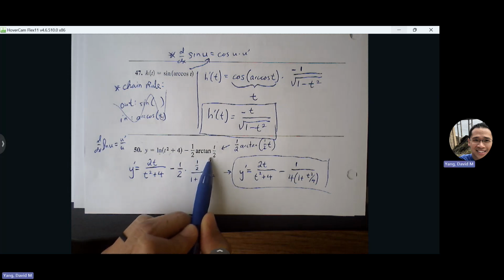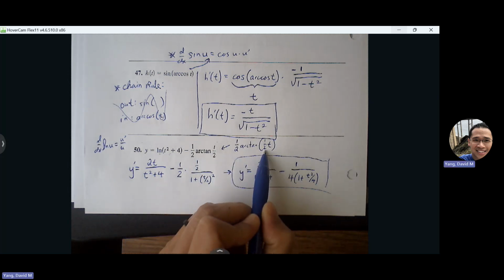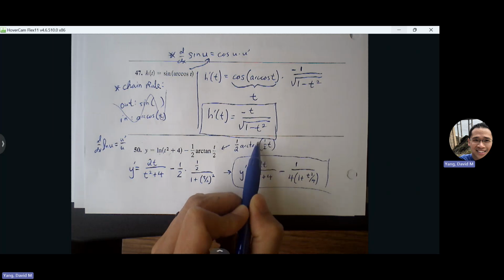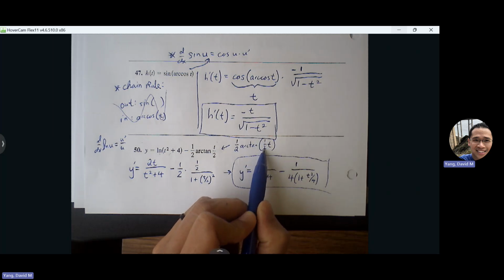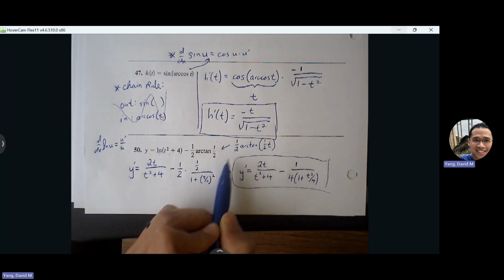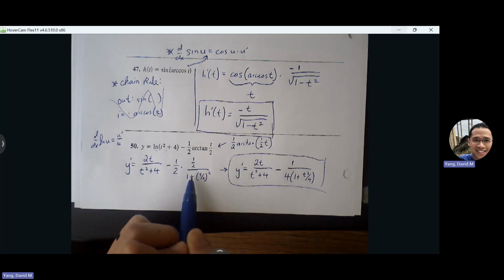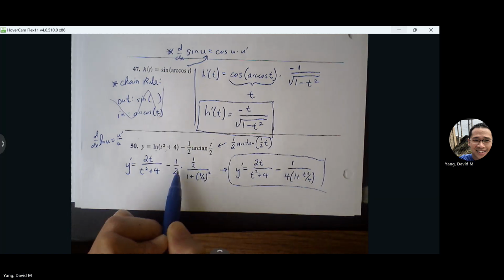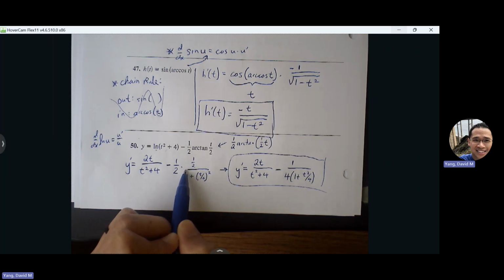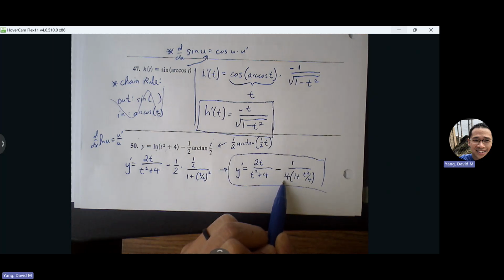Next up, arctangent of t over 2. If you want to think of it as 1/2 t to help you with the u prime later, you can. The 1/2 is going to stay, that's the coefficient. And our derivative rule is u prime over 1 plus u squared. 1/2 and 1/2 becomes 1/4. I'm just going to put that 4 in the denominator to share with this space.